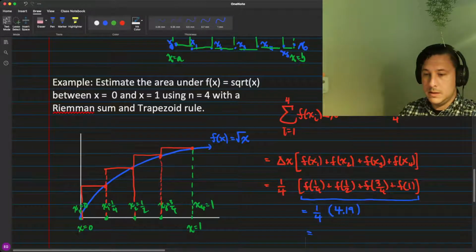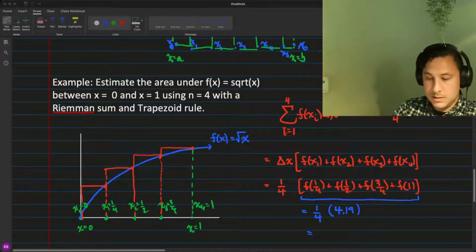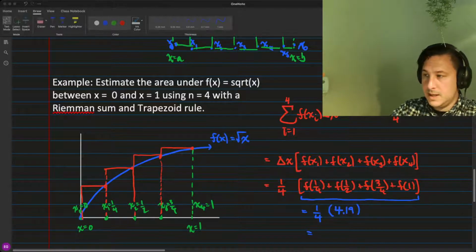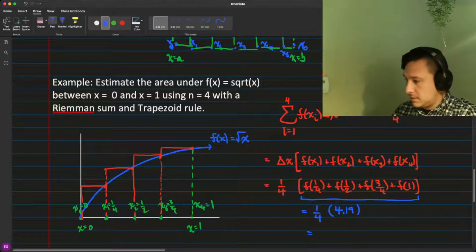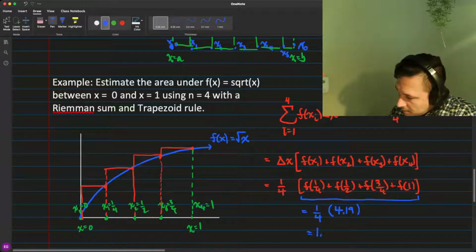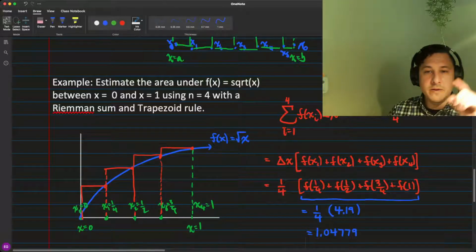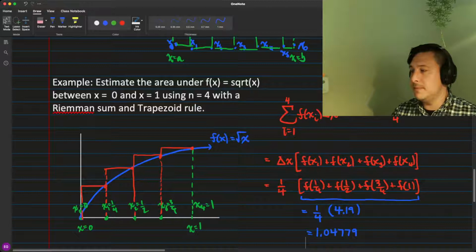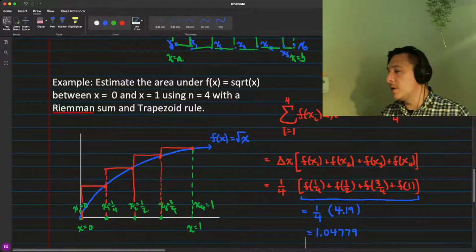Let me go back to Mathematica. So 1/4 times the 4.19 is 1.04779. Okay, so if you add these four rectangles up, you get an approximate area of 1.04779.